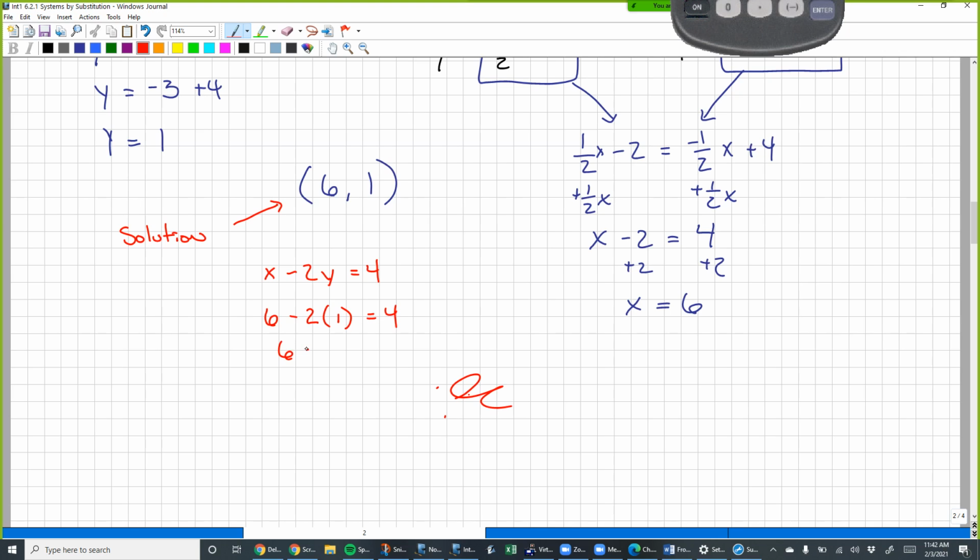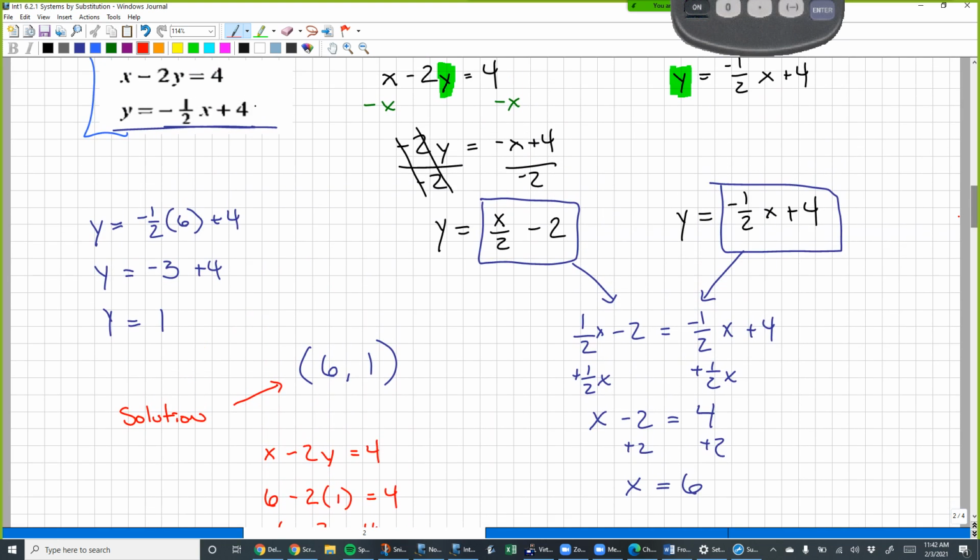And lo and behold, it equals 4, and so it works. Now I need to check it for the other equation and see if that works too. So I plug into the other equation, and guess what? It's going to work also.